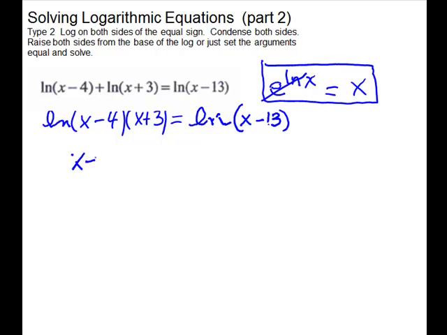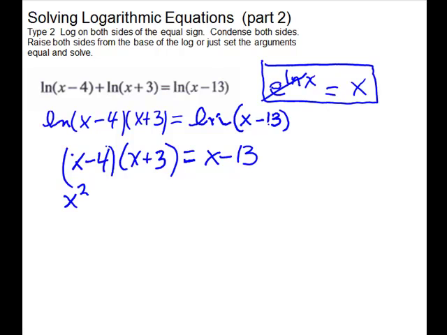So we have x minus 4 times x plus 3 equals x minus 13. So we have to do some algebra on this left-hand side, multiplying two binomials, so we can use the FOIL technique. So we have x squared plus 3x minus 4x, outside and inside gives us minus 1x, minus 12 equals x minus 13.